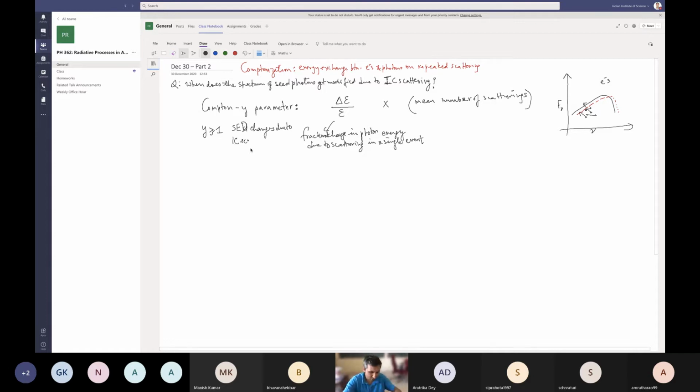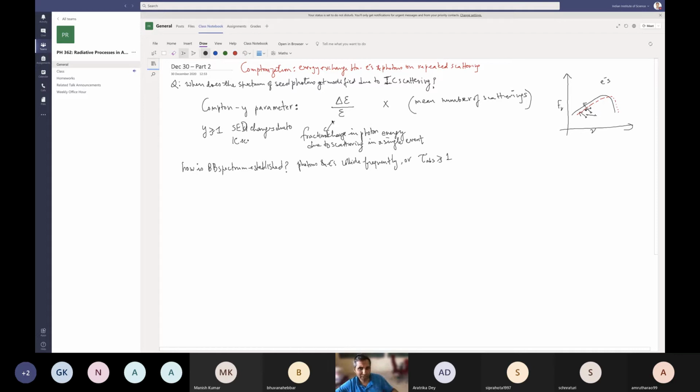You recall we talked about how the black body spectrum is established. When photons and electrons collide frequently, or when the optical depth of absorption is greater than or equal to unity.